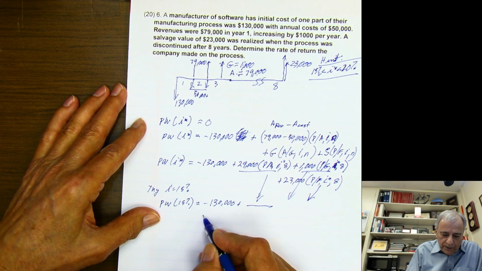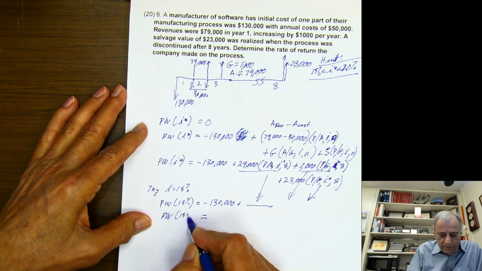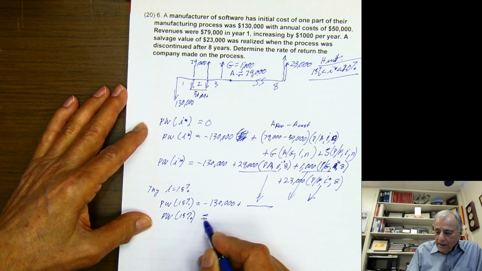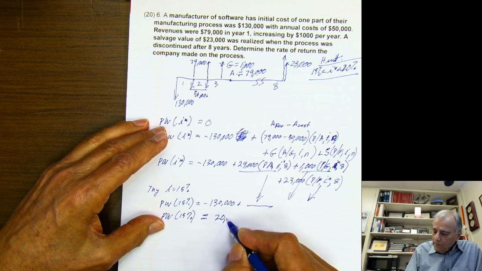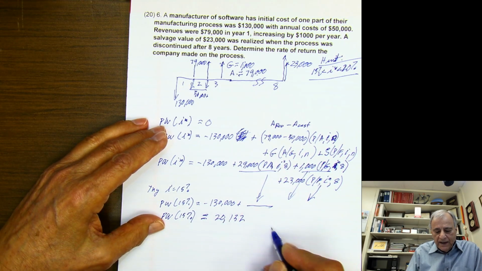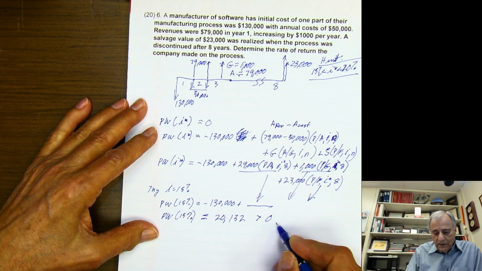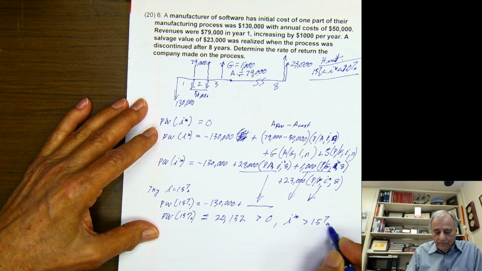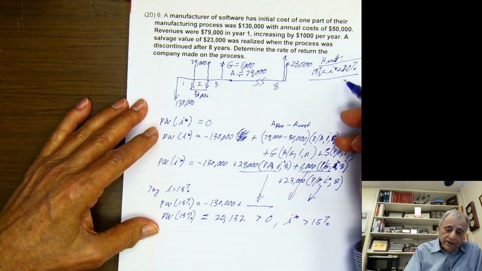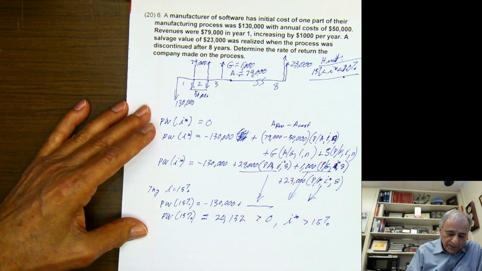You end up with the present worth at 15% equal to 20,132. And that's a plus value. That's greater than 0. So I know I star is greater than 15%. And the hint was that it's between 15 and 20, so I'm going to try 20%.